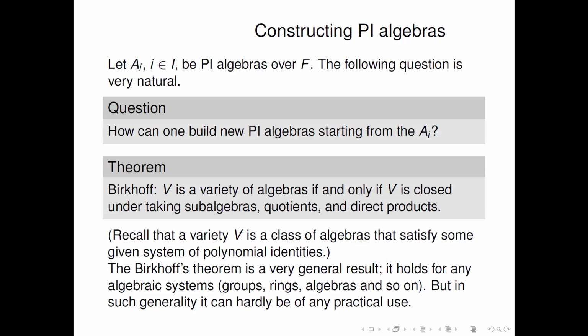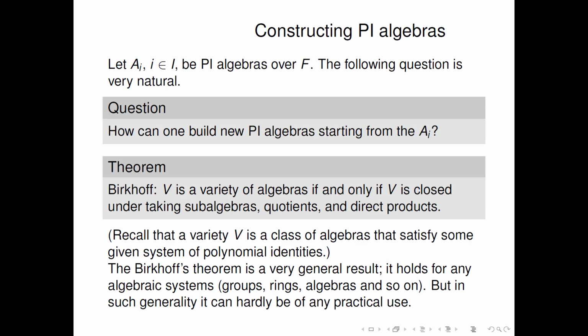And now, how do you construct PI algebras if you have some collection of PI algebras? That is, you have some A_i. You know that they are PI algebras, and you want to form some new PI algebra starting from these.